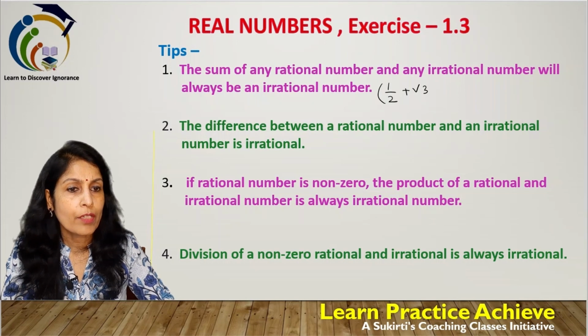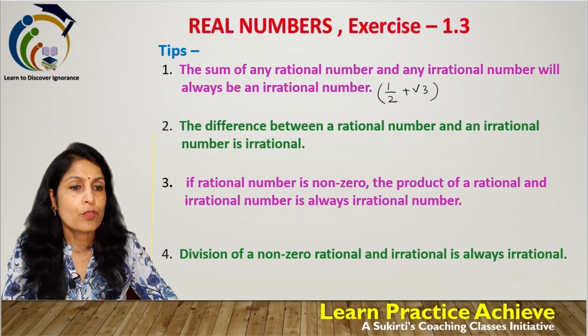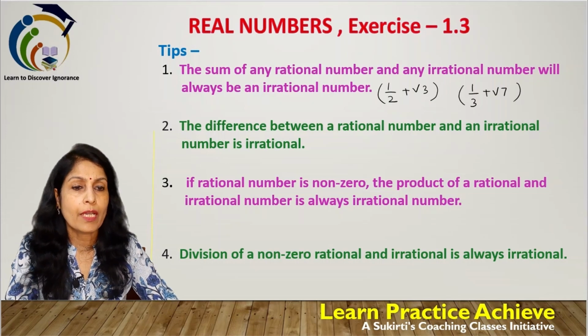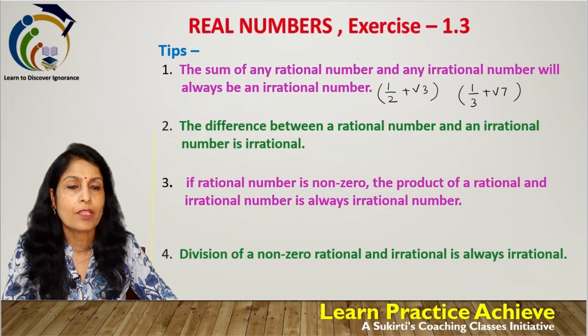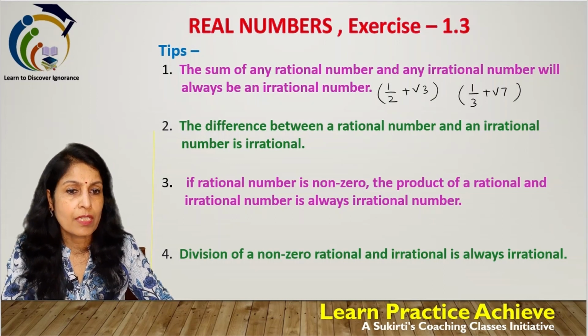So 1 by 2 plus root 3 is again an irrational number. Suppose we take another, 1 by 3 plus root 7. Again it is an irrational number. So if we add a rational number with an irrational number, always remember that the sum will always be an irrational number.